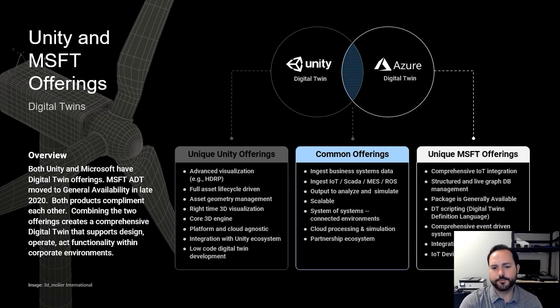So in Unity, it's of course more about visualization, interaction, and real-time digestion of that whole complex system into something simple and visual. And Microsoft's side is more about availability, scalability, and analysis. So this combination is very powerful.